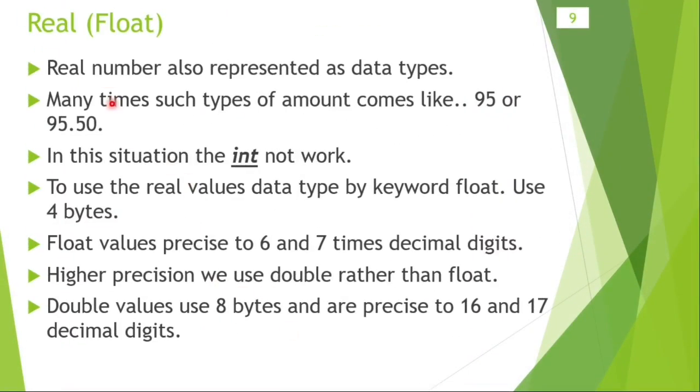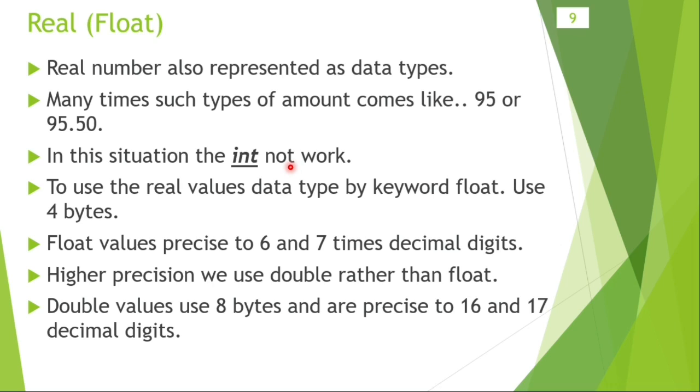Now second is real numbers. It is related to real numbers, that is float. Float means numbers that come in decimals. So real numbers are also represented as a data type. Very simple, you use it in maths. Many times amounts come like 95 or 95.50, right? This is a decimal fractional number. In this situation int will not work, because int is only for minus to plus integer numbers.